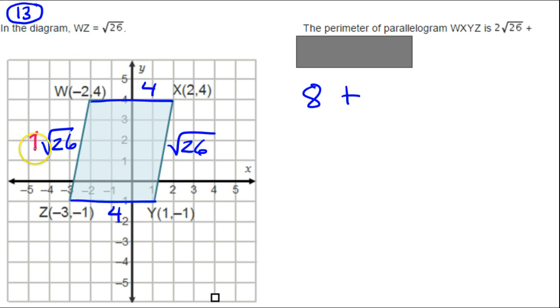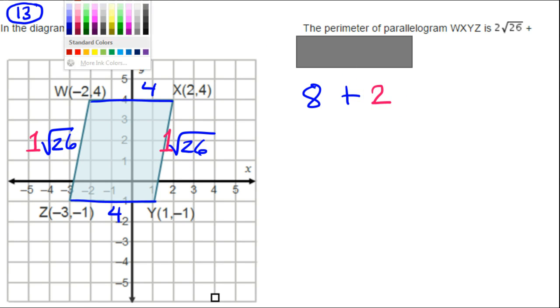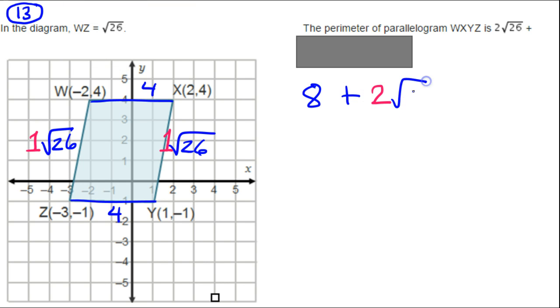Think of it as 1 radical 26 plus 1 radical 26. Hopefully you can see that'll be 2 radical 26 when I write it that way. 1 apple plus 1 apple is 2 apples. Well, 1 radical 26 plus 1 radical 26 is 2 radical 26s.